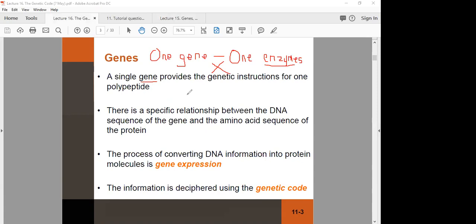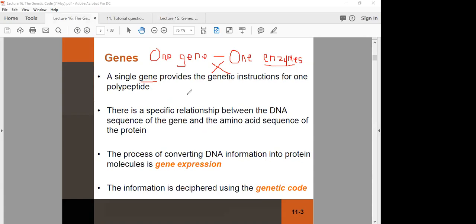Also, they found out that a complete functional protein might require 2 or more polypeptides to be joined together. You might remember back to when we talked about the quaternary structure of a protein. There might be 4 polypeptides that combine to form a functional protein.